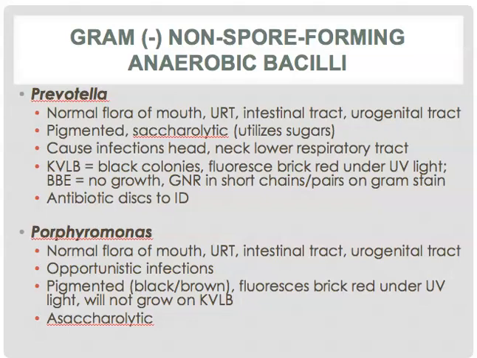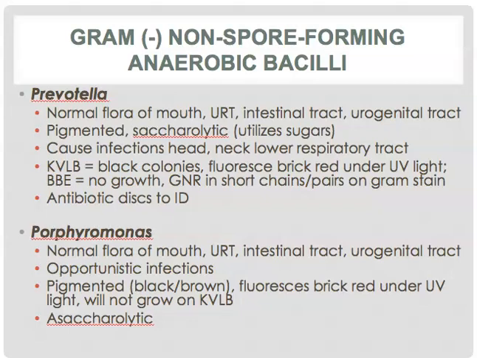This one causes infections of the head, neck, lower respiratory tract, and you can see a black pigment on your KVLB media. It will not grow on BBE. Colonies of this one will also fluoresce brick red under UV, and again, you can use antibiotic discs for identification.